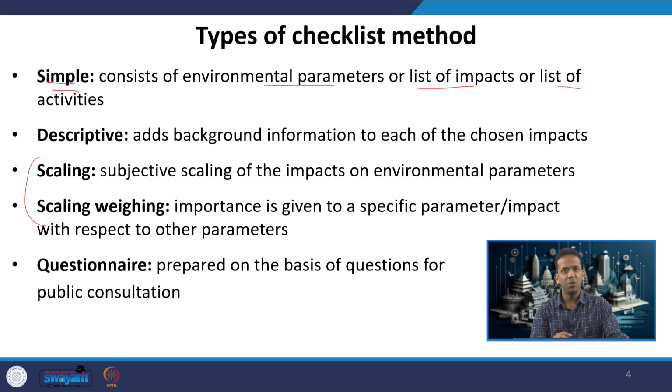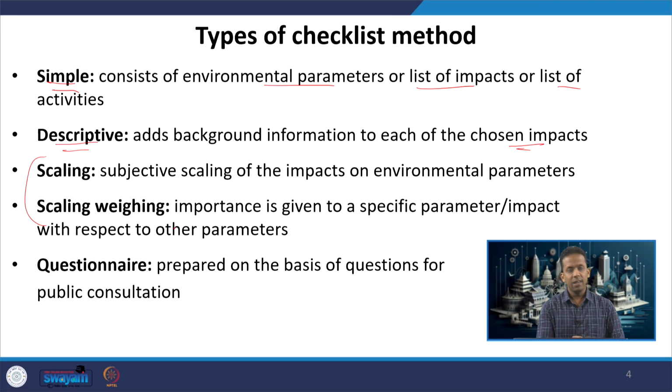Descriptive checklist gives a lot of information for each of the chosen impacts, a lot of background information, some information on how to measure those impacts or the description of the activity, but it is not very widely used.